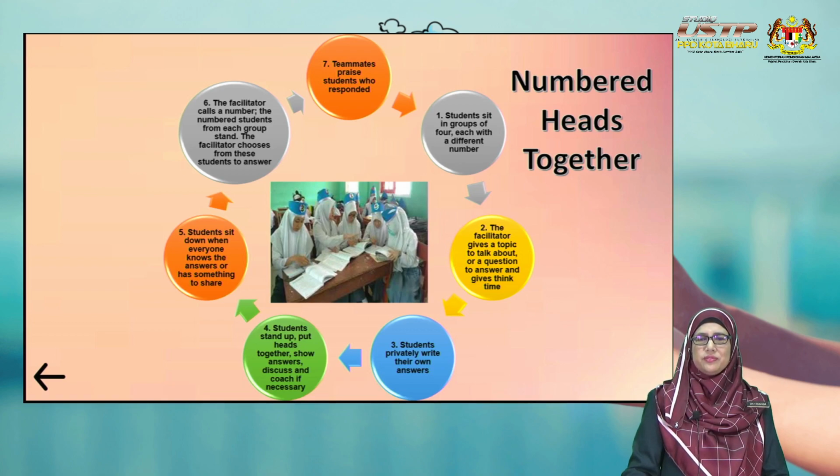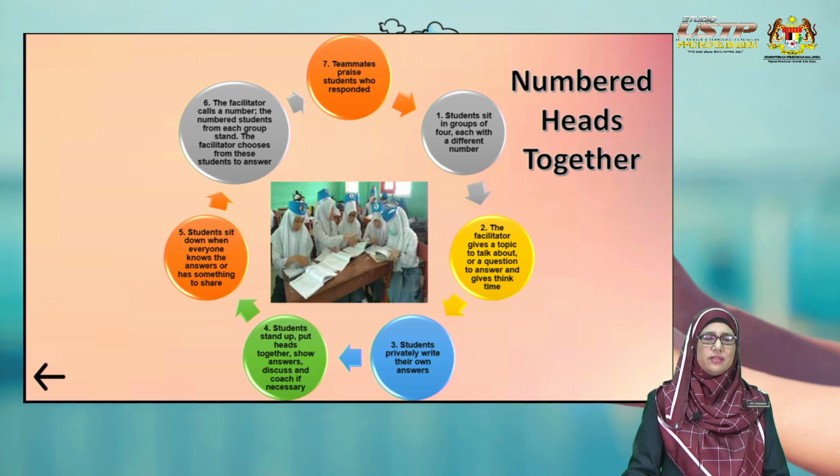Number 2, the facilitator gives a topic to talk about or a question to answer and gives think time. Number 3, students privately write their own answers. Number 4, students stand up, put heads together, show answers, discuss, and coach if necessary.